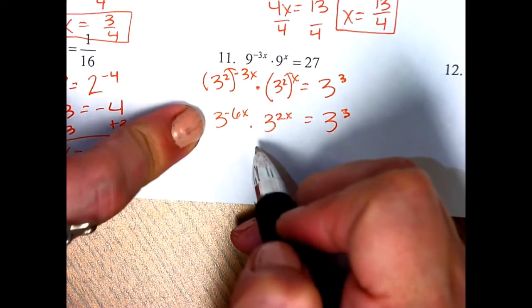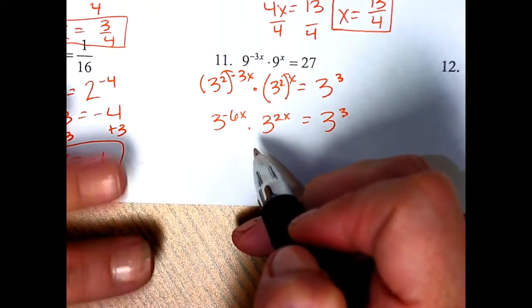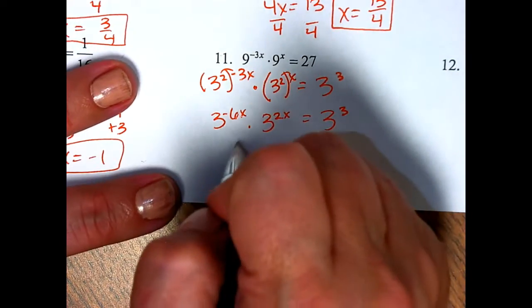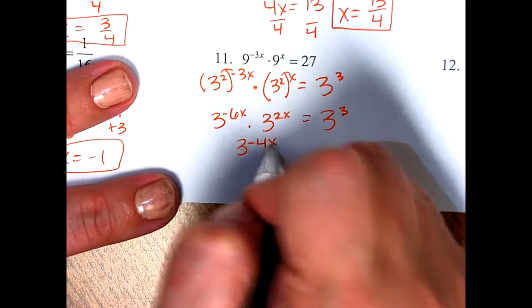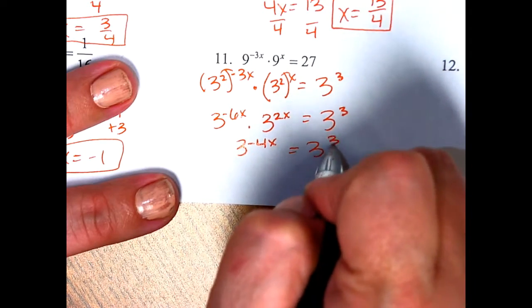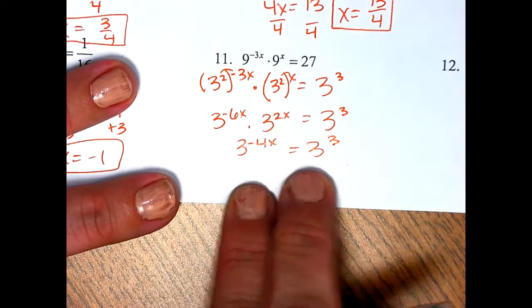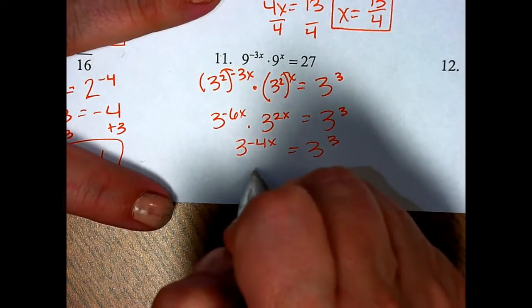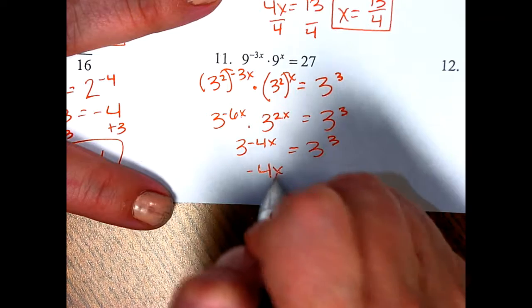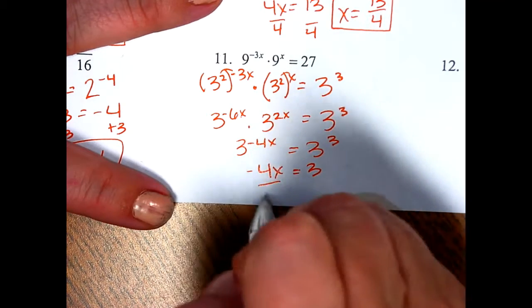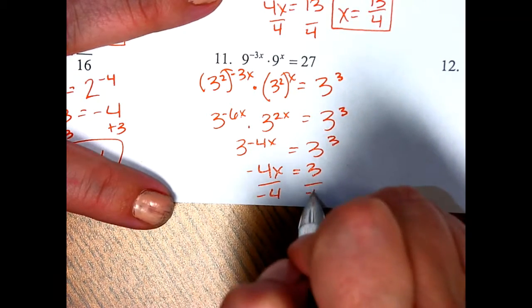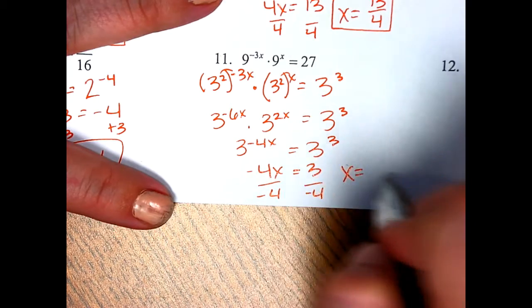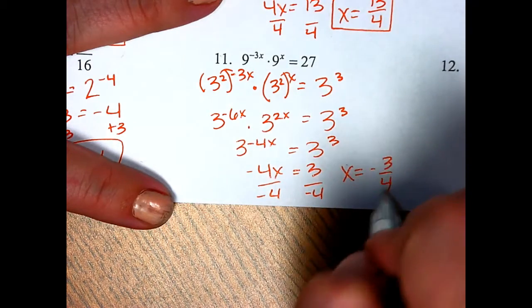When we multiply exponents with the same base, we add them. So this becomes 3 to the negative 4x equals 3 cubed. Okay, so now we're down to one base on each side, so we can drop the bases and have negative 4x equals 3. Divide by negative 4 and get x equals negative 3/4.